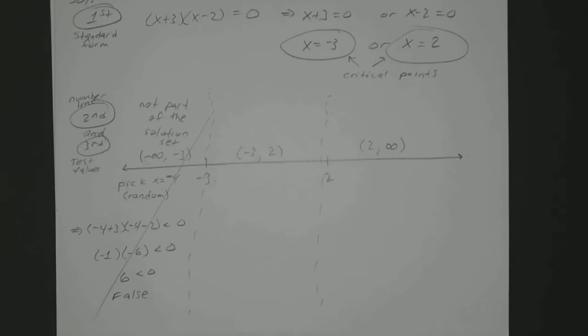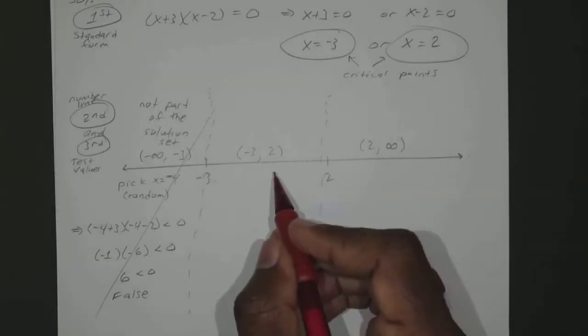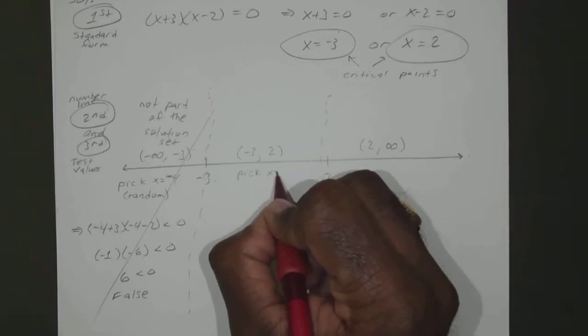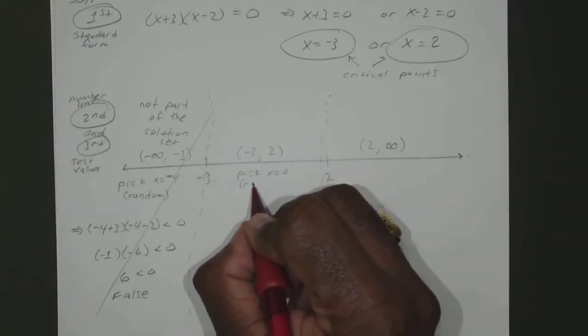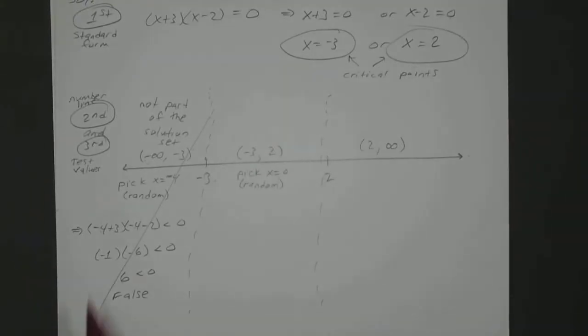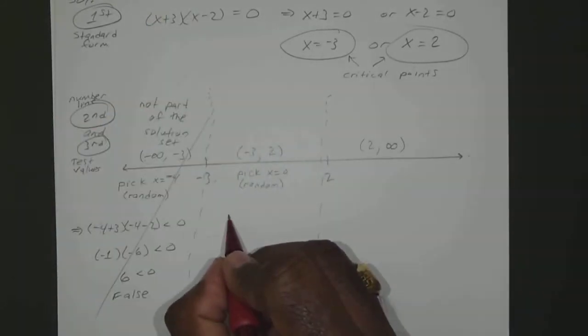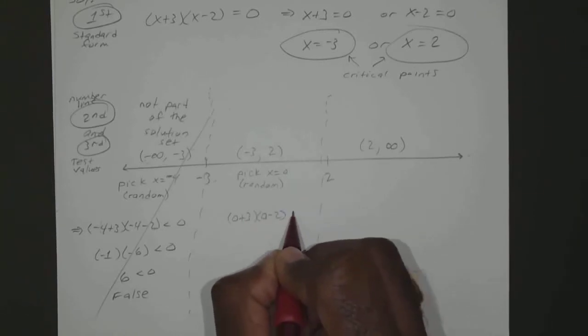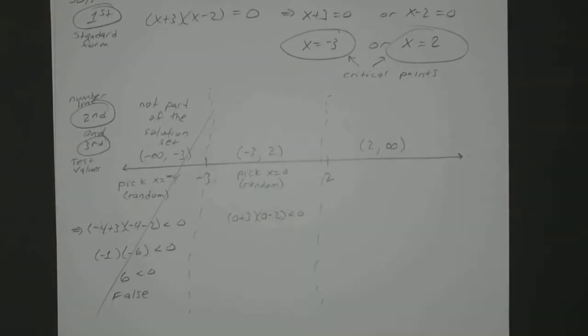Okay. And you do the same thing for the interval of -3 and 2. Whenever possible, I'll pick x equals 0 just because it's easy. And this is the one where you can pick x equals 0. And again, strictly random. You can pick whatever you like in that interval. Okay, so we plug it into our original. So you have 0 plus 3 times 0 minus 2 is less than 0.